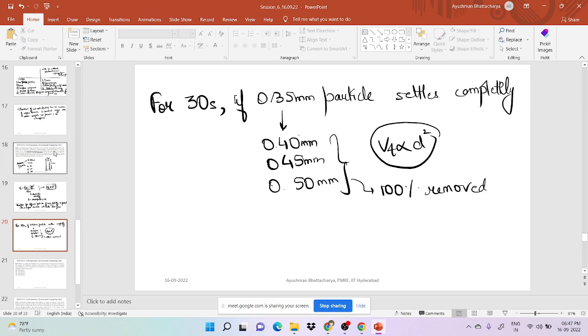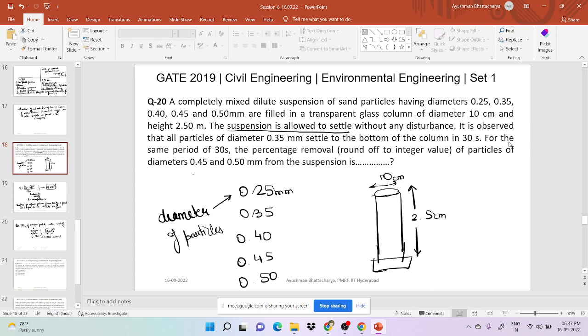So since they are asking for the same time period, the percentage removal of 0.45 and 0.50 mm particles will be 100%, because we now know that the settling velocity Vt is directly proportional to d square.